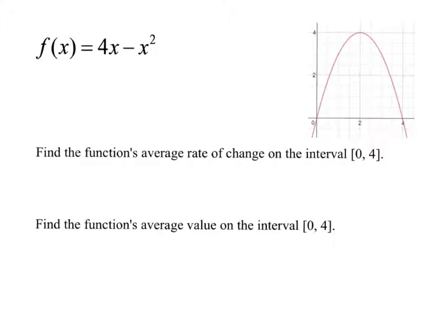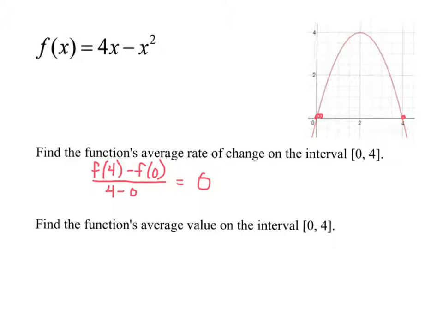In this case, the average rate of change on the interval from 0 to 4, well, of course, you look at this: f of 4 minus f of 0 over 4 minus 0. Of course, that is 0.